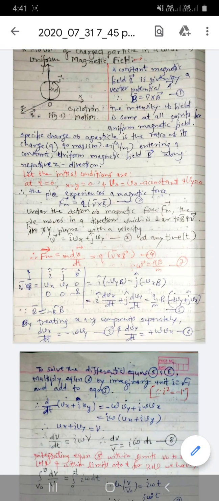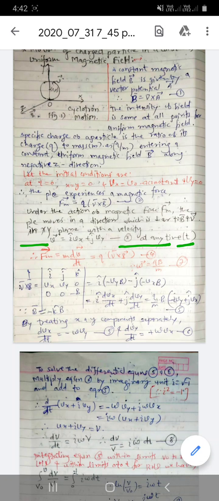Under the action of this magnetic force Fm bar, the particle moves in a direction which is perpendicular to B bar and V bar in xy plane with velocity V bar equal to i cap Vx plus j cap Vy at any time t.